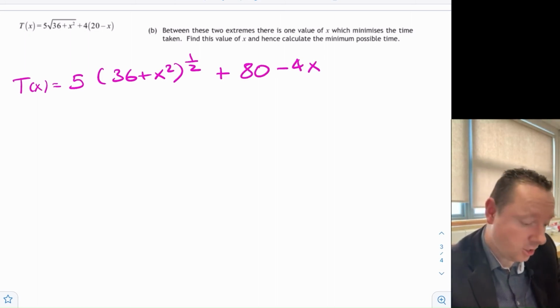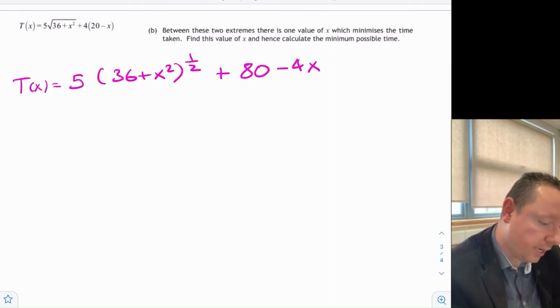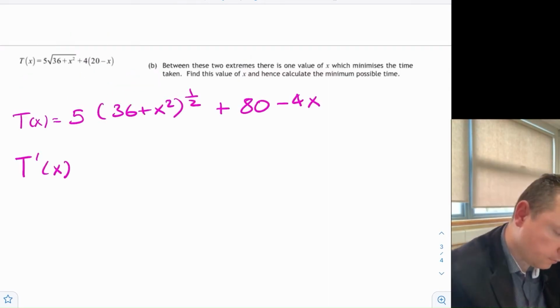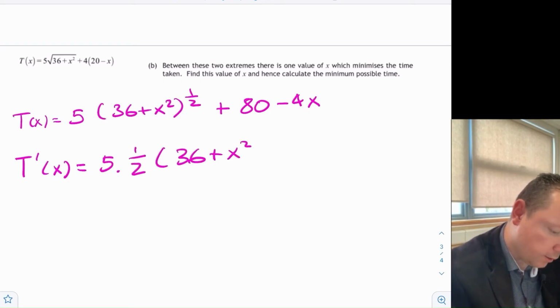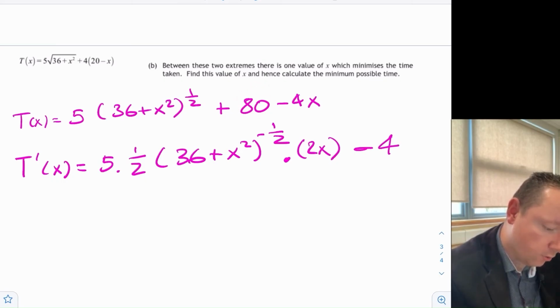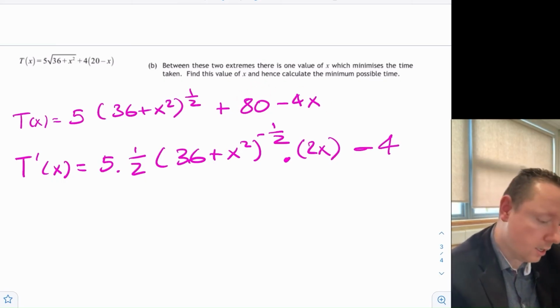Now we can differentiate using the chain rule. t dash x is equal to 5 times a half, taking the power down, 36 plus x squared to the minus a half, and then we differentiate the 36 plus x squared because of the chain rule, so times 2x. Then we still have take away 4 on the end, because the 80 differentiates to 0 and the minus 4x differentiates to minus 4.